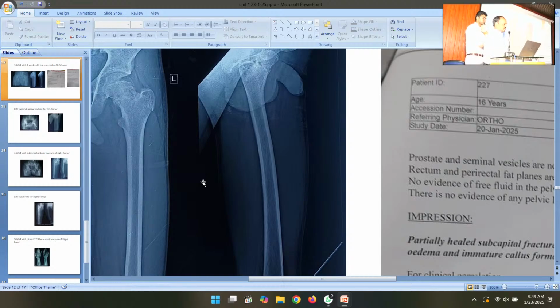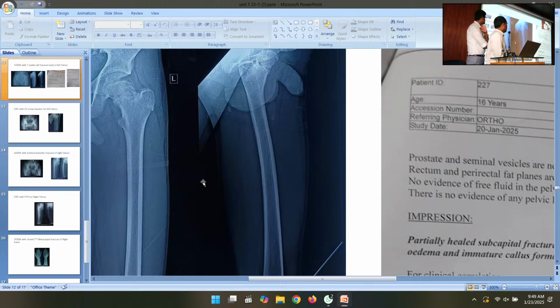And it's already uniting, half united. So we have done MRI, sir. Had you left him like that, he could have walked without much trouble for another 3-4 weeks.